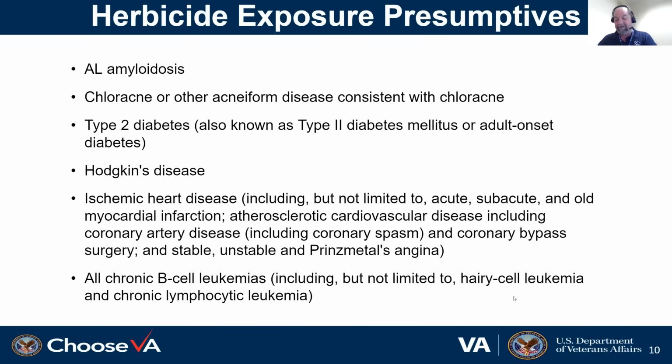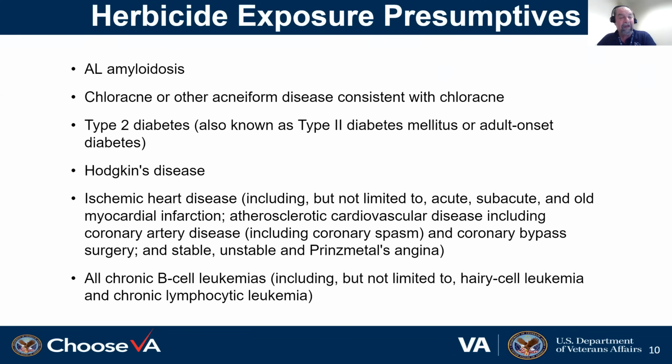So this is where the VA does a great deal of work, and it relates to herbicide exposure. Many of us probably have heard the term Agent Orange. This is what it's referring to specifically.